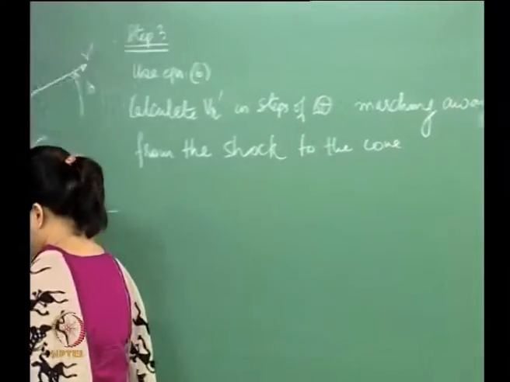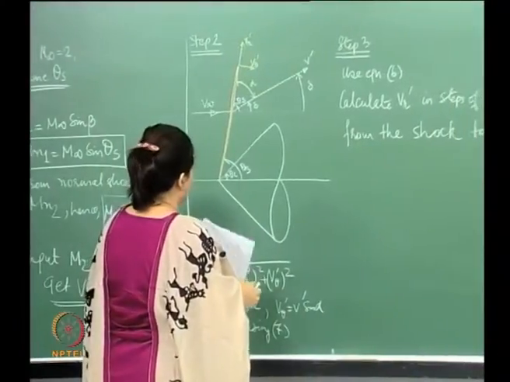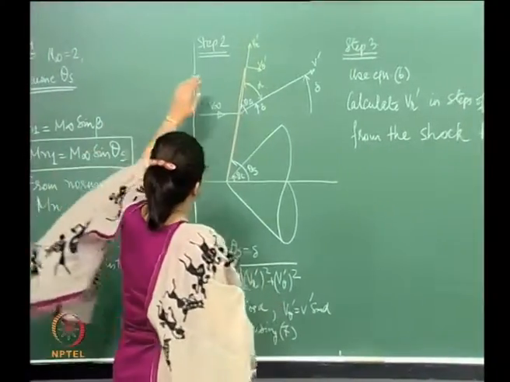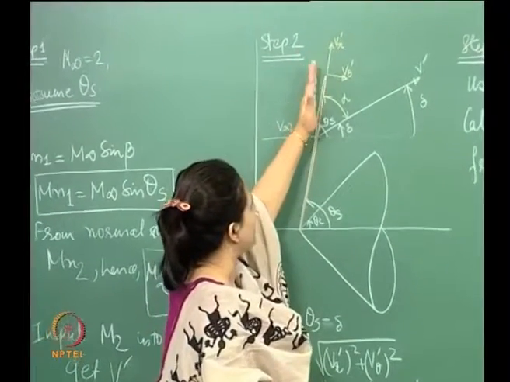Let me explain what we are going to try and do over here. So this is the shock wave. This v r dash is going to change.